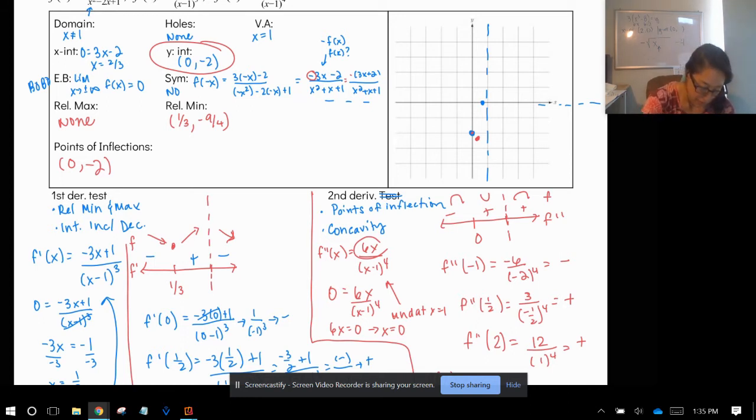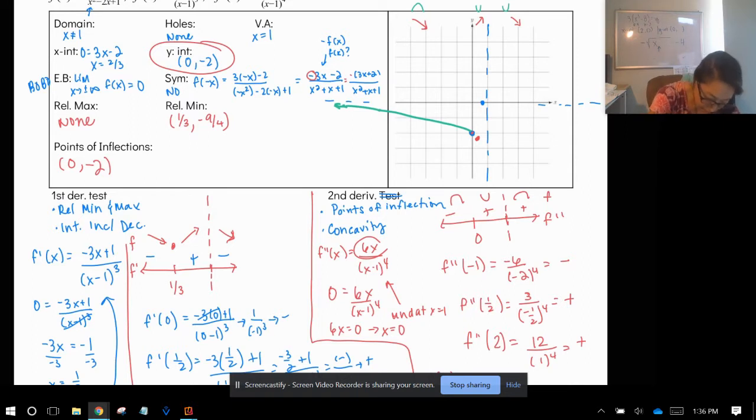So we know that the graph is going to decrease. We will increase in this little section and decrease. We also know that it is concave down, then concave up, and concave up. All right, so this section gets close to the x-axis, and it is concave down, so it is leaning down like this.